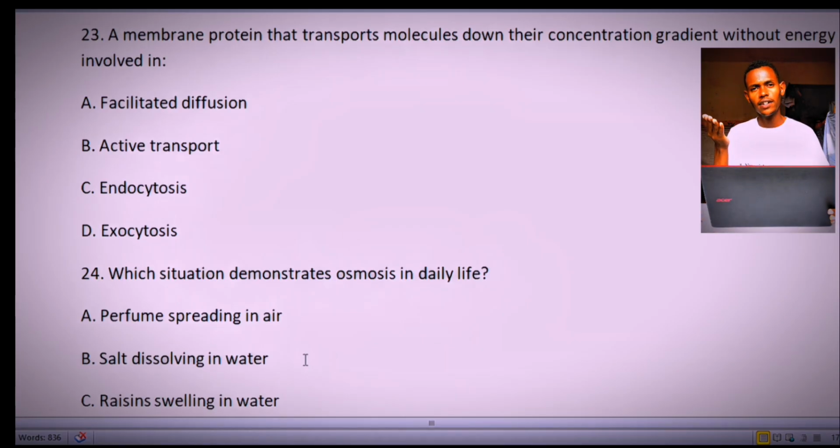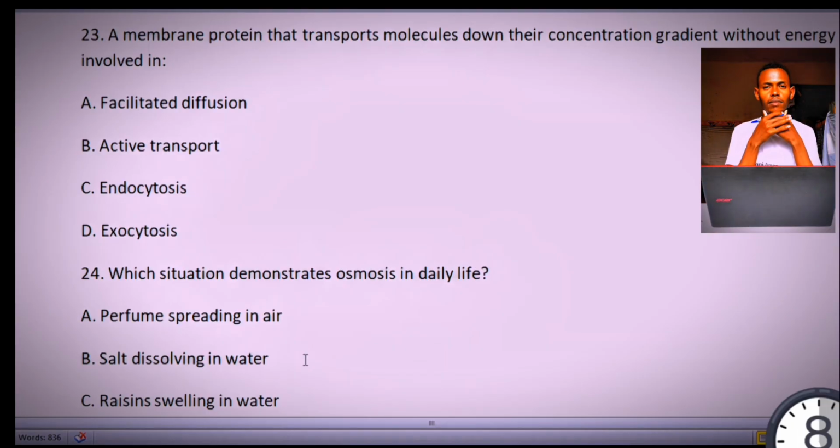So now it is your turn. So what is the answer? The answer is B. Aquaporins.